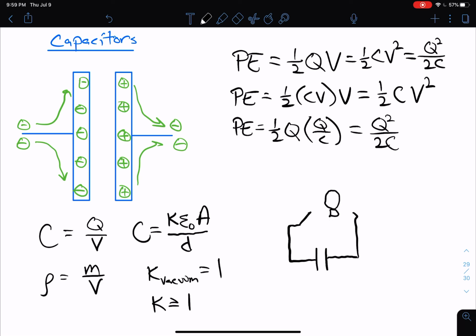So this is my light bulb. Well, let me draw it proper here.